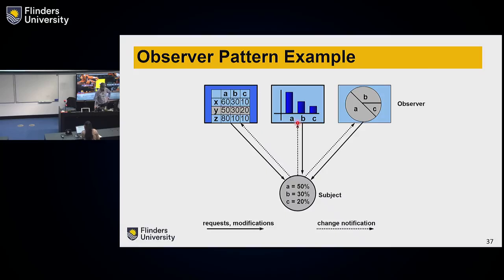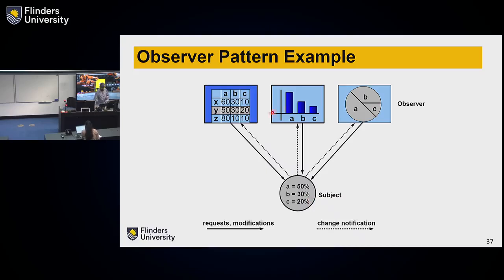These are different views, and they are depicting different information. They are observers, capturing the information, and this is a subject that is receiving the information. If the state of any of the observers changes, the subject needs to notify the rest of the observers to update their state.